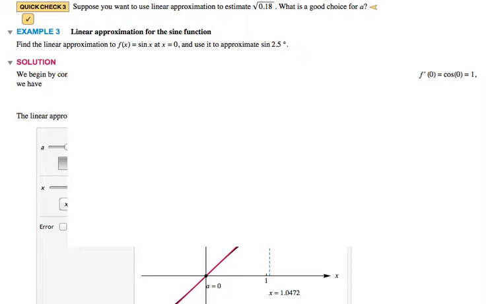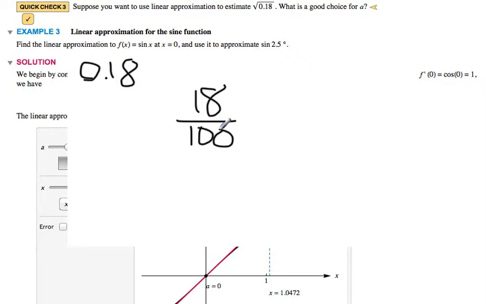So we want something close to 0.18. So something close to 18 over 100. And since we're taking a square root, it'd be nice to have both the numerator and denominator be a perfect square.